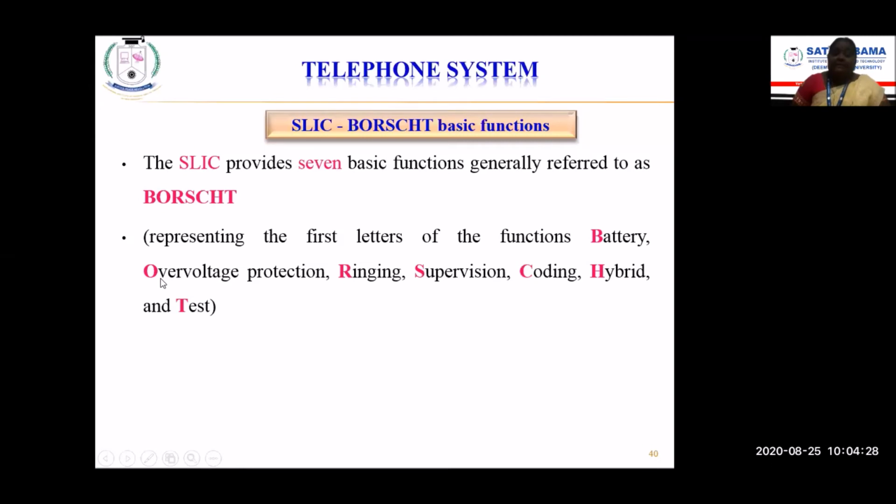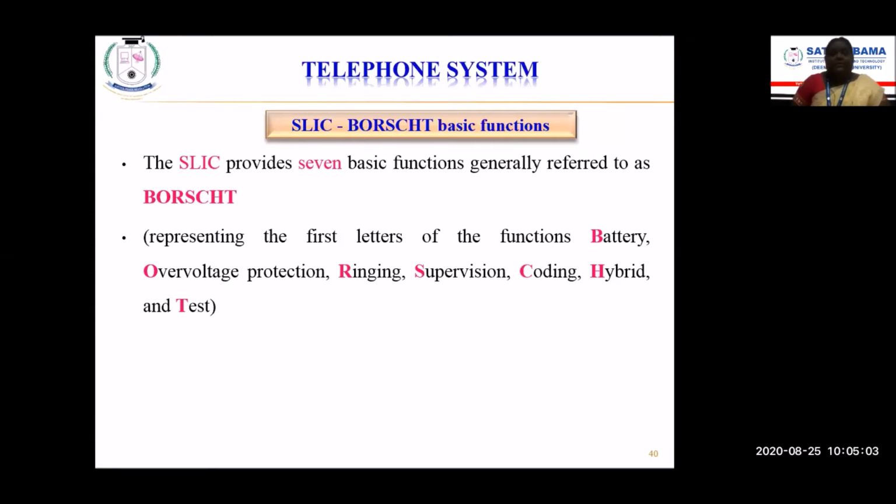O is derived from over voltage protection, R from ringing, S from supervision, C from coding, H from hybrid, and T from test. All together they call it BORSCHT. So this SLIC provides 7 basic functions, generally referred to as BORSCHT.